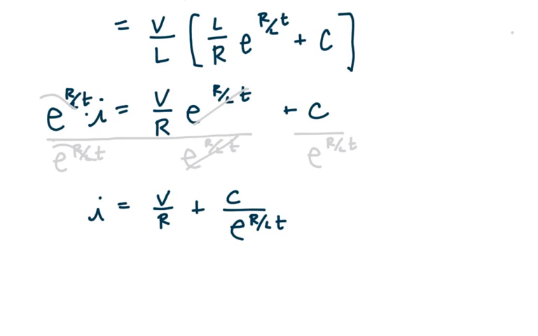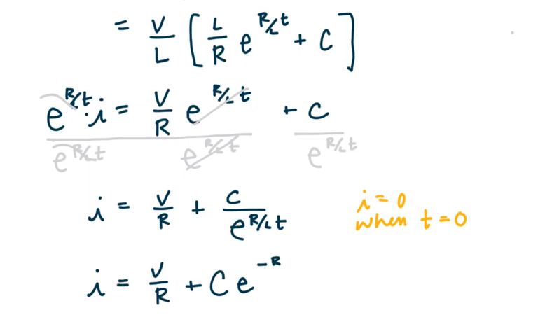So this represents our general solution, but we can find a particular solution because we know the initial value, and what we know is that I equals 0 when t equals 0. Because we said at the beginning of the problem that the circuit was closed at time t equals 0. So cleaning up my problem here, I've got I equals V over R plus C times e to the negative R over L t.